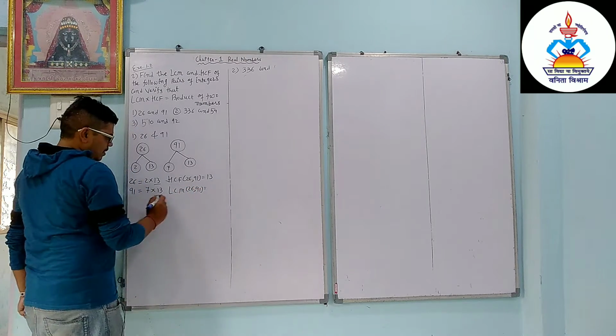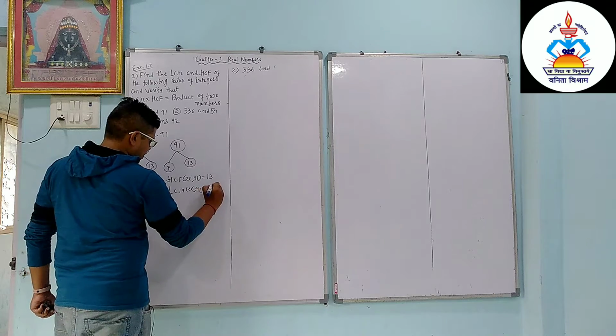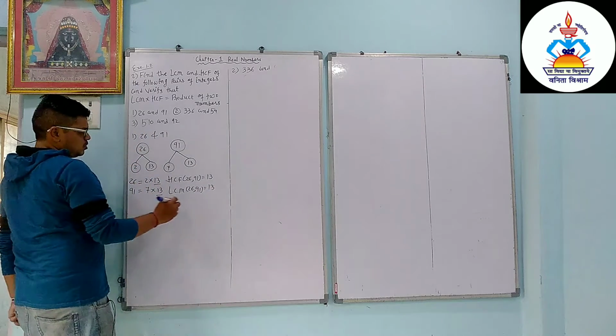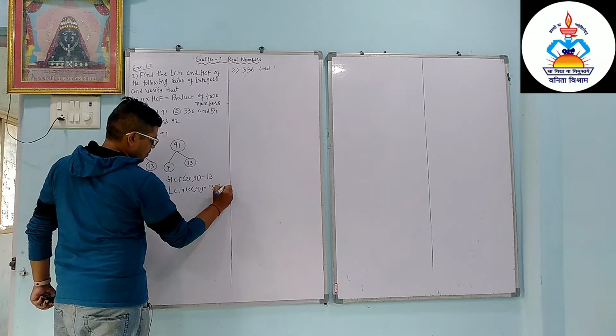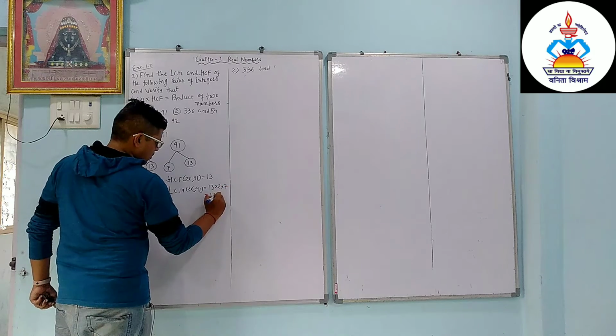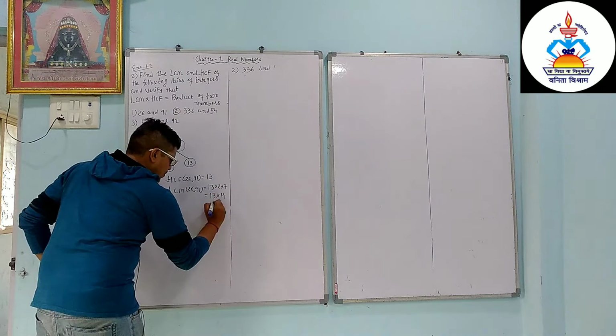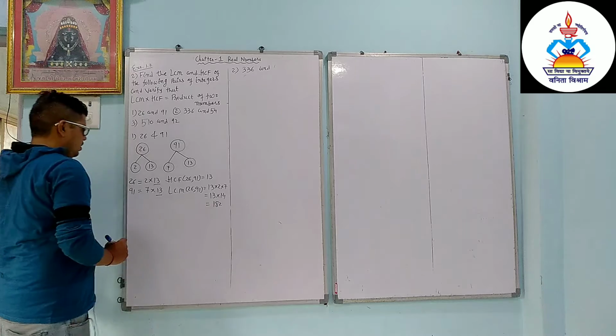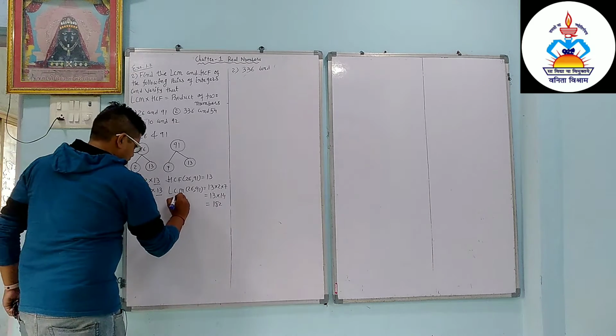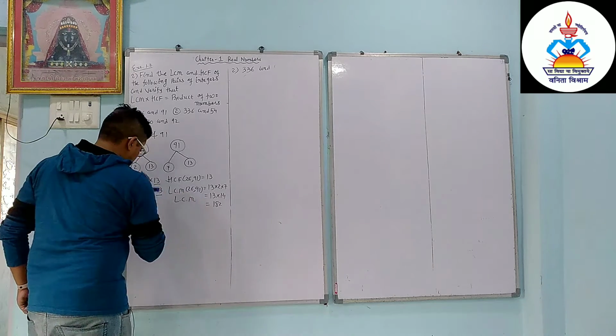We will take the common number, that is 13, and the numbers which are not common, that is 2 and 7. So we have 13 into 14. Okay, it is 182. So LCM we get here is 182.